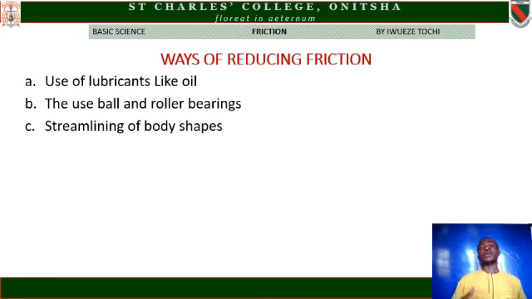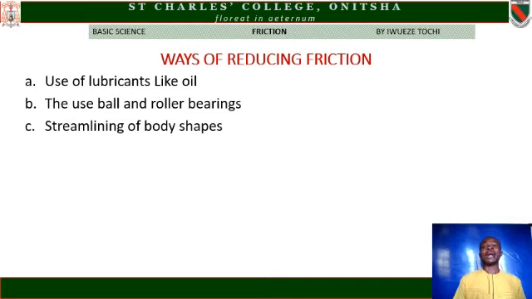Like whenever two irons are moving over one another, maybe you experience that it is causing a lot of restriction, or it is wearing and tearing. You can apply oil on those two surfaces in order to reduce friction so that the wearing and tearing can stop.